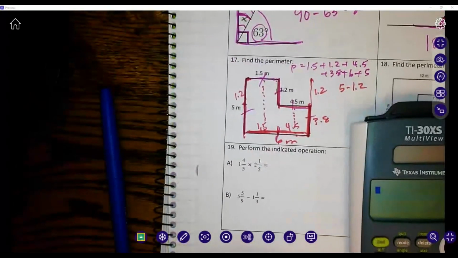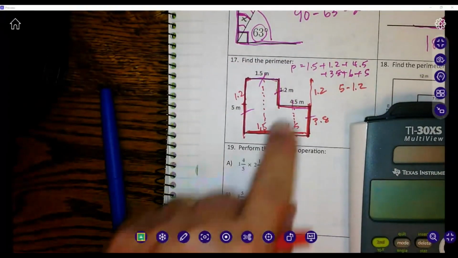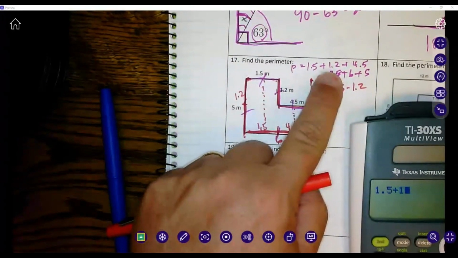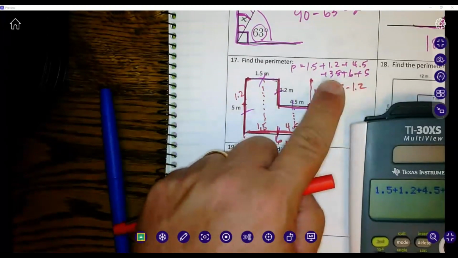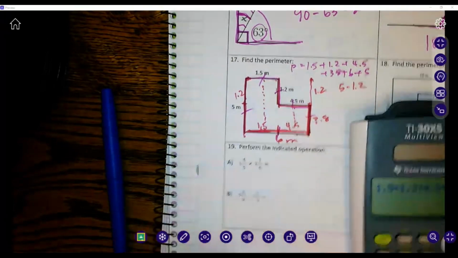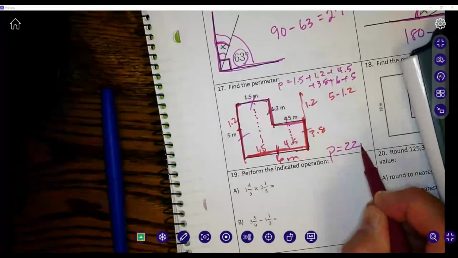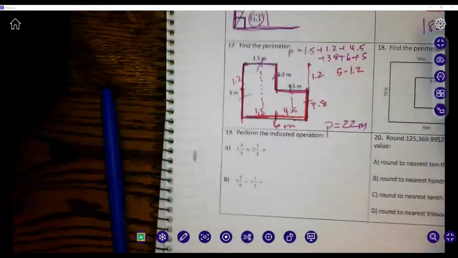And so when we add all of that together, did y'all get it? 22, is that what y'all are getting? 1.5 plus 1.2 plus 4.5 plus 3.8 plus 6 plus 5 is 22. So the perimeter is 22 meters.